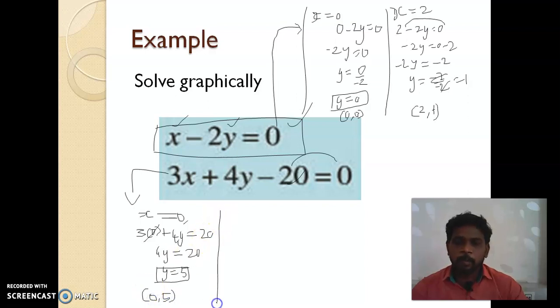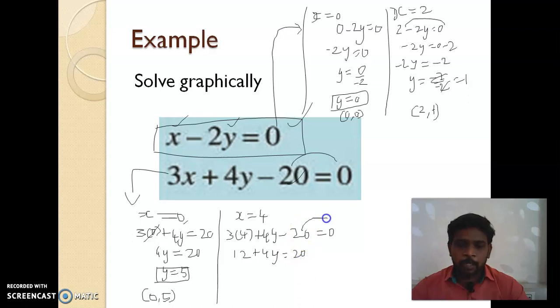And for the second one, I am going to put x equal to 4. If you put 4, we get 3 into 4 plus 4y minus 20 equal to 0. So 3 fours are 12, plus 4y equal to 20.